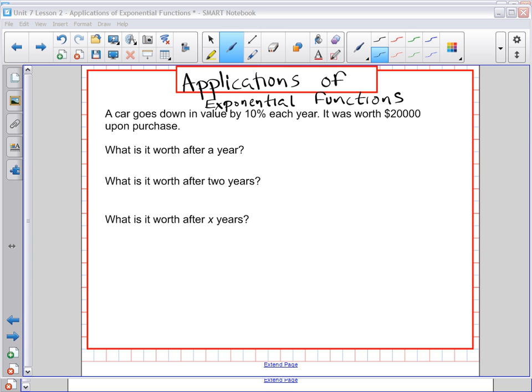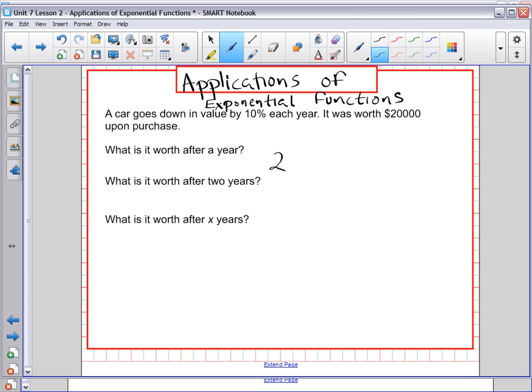So, if we're looking for the value after a year, we know that the value of the car is going to be $20,000 times 90%. 90% of $20,000.